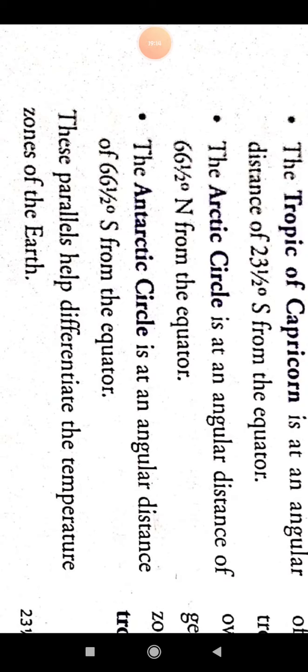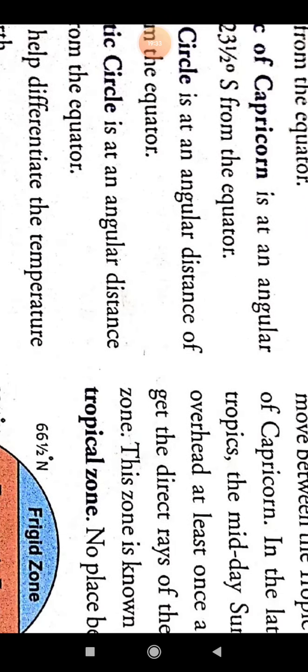So, clear about N and S. N means north, S means south, and all these important parallels help to differentiate the temperature zones of the earth.